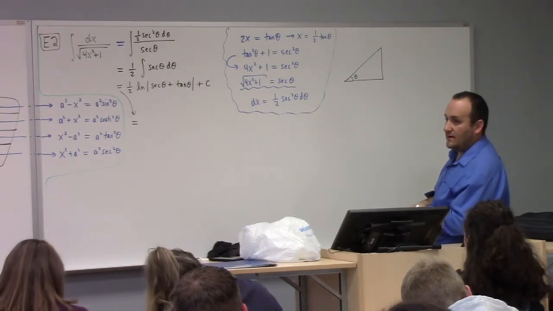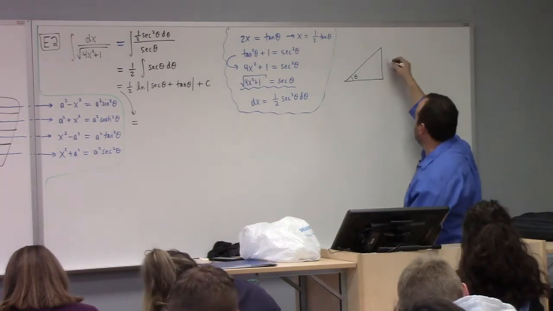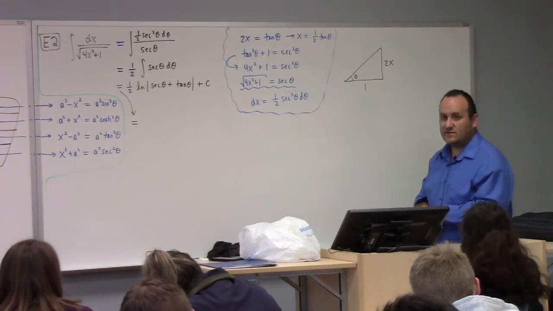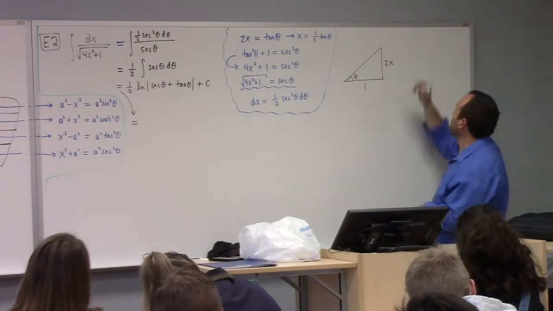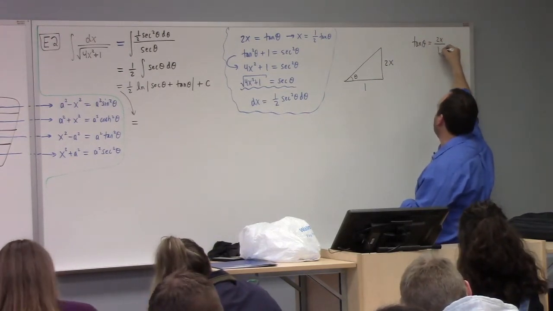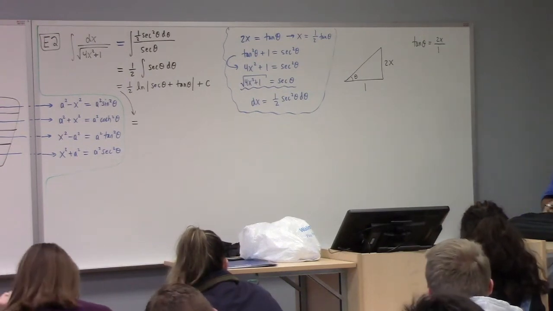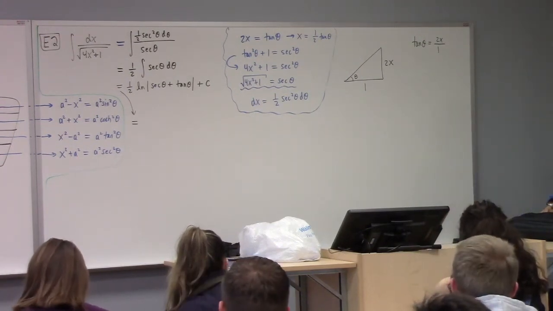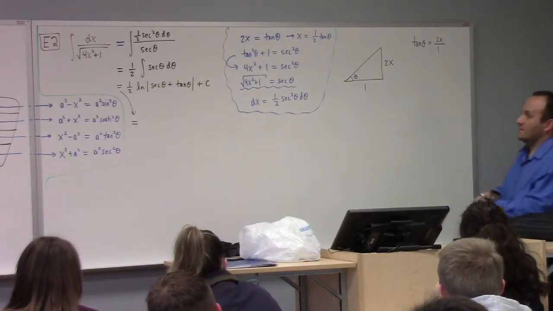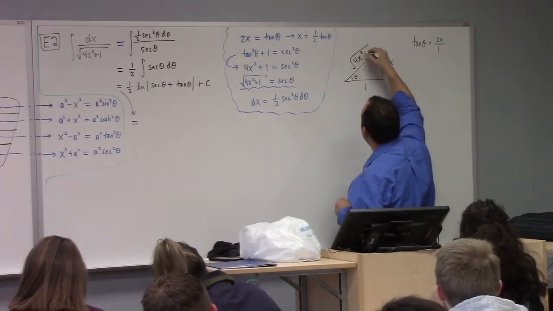So you've got various options, but one thing you could do is put 2x here. You could put 1 here, since tangent theta is 2x over 1. So we got the opposite side is 2x, the adjacent side is 1. What does that make the hypotenuse by the Pythagorean theorem? Hey, what do you know? That's the thing we were trying to get rid of to start with. So that happened again.